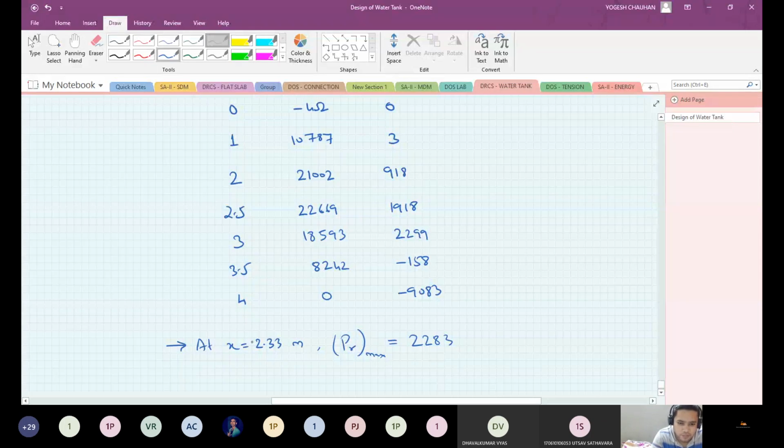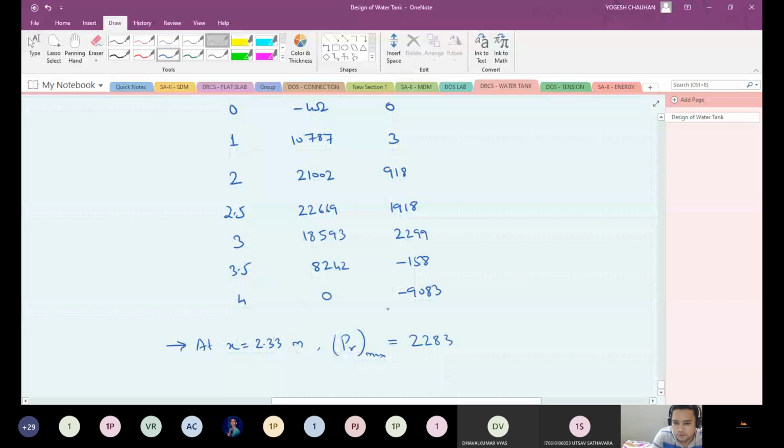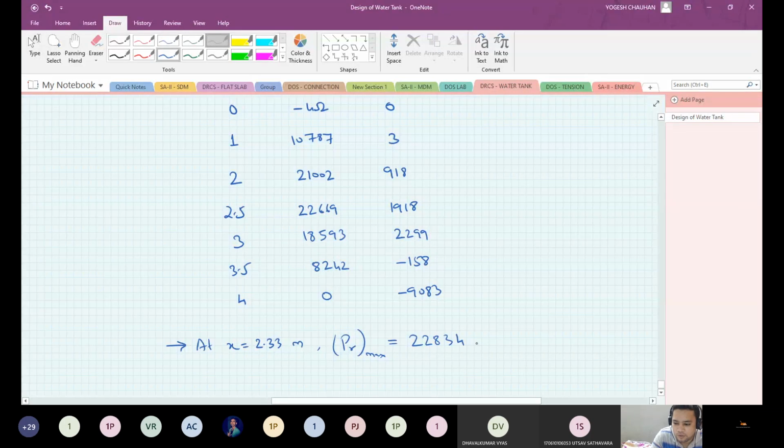But by trial and error you can find the maximum value of the PR, 22834 Newton per meter square. That is the maximum radial pressure.